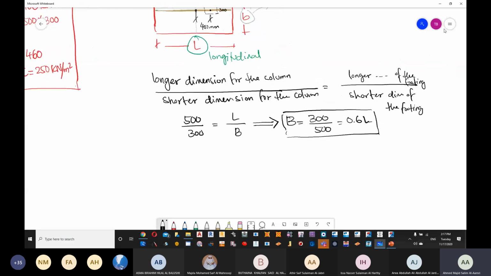We have divided 300 by 500. It's a direct calculation. We shouldn't spend a lot of time on it.